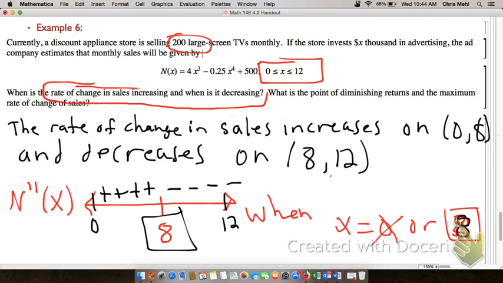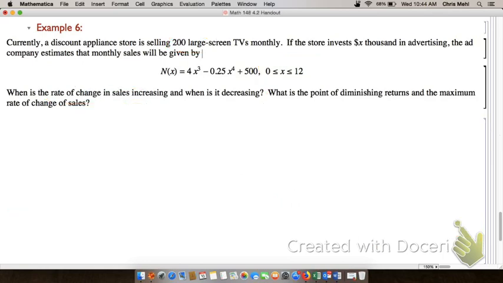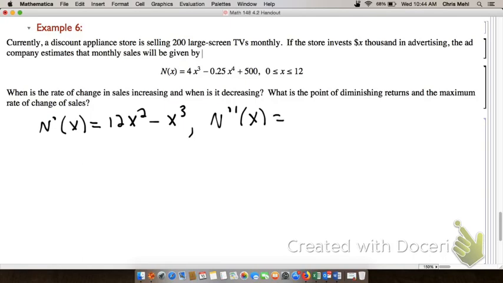Okay, so let me clear a lot of this information. So again, the first derivative was 12x squared minus x cubed. Second derivative was really 24x minus 3x squared.